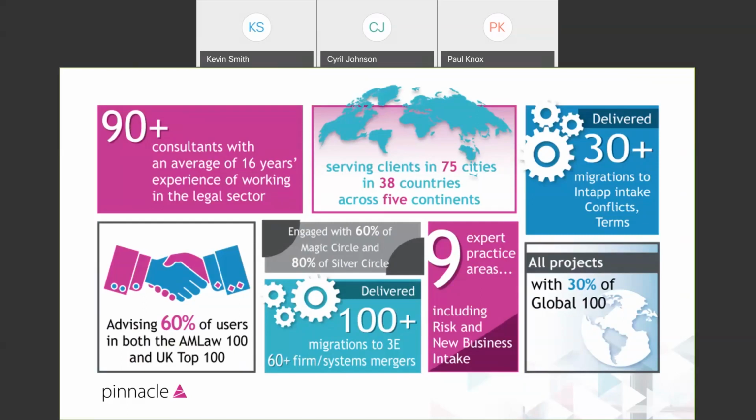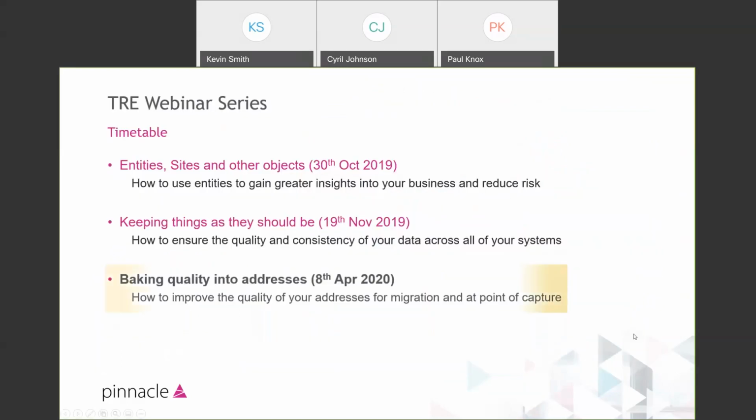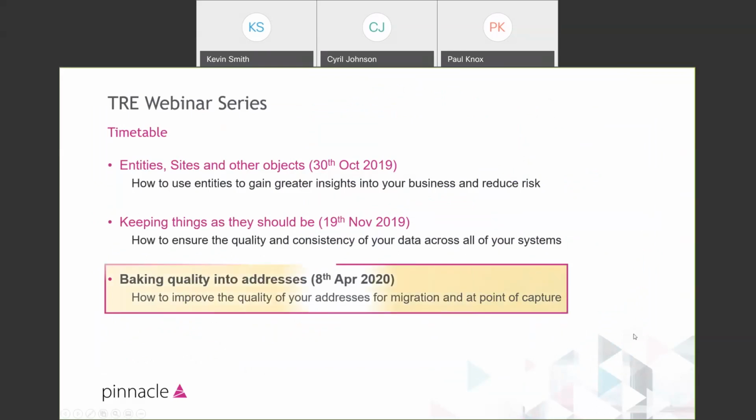This webinar is the third of a series of 3, primarily focused on data quality. Initially, we introduced you to entities and sites in 3E and the issues that can come about from conversions and bad data entry, and our solutions that will help you merge and cleanse entity and site data.